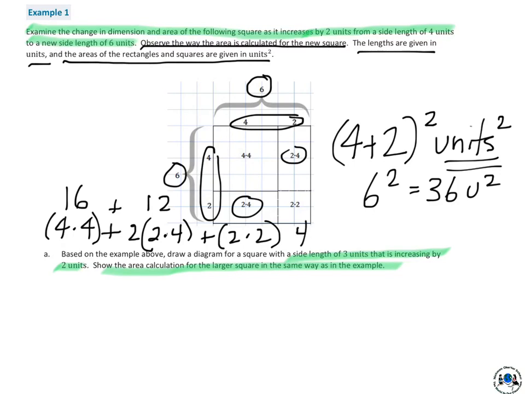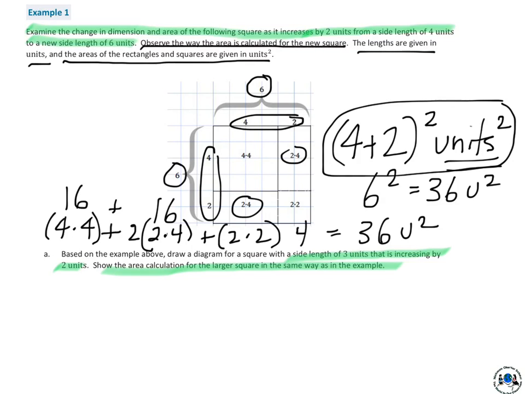Sorry, it's got to be 2 times this one. This is 8, 8 times 2 is 16 here. And then 4, and then we have our 36 units squared as well. So there are 2 different ways to express the area of this extended square algebraically.